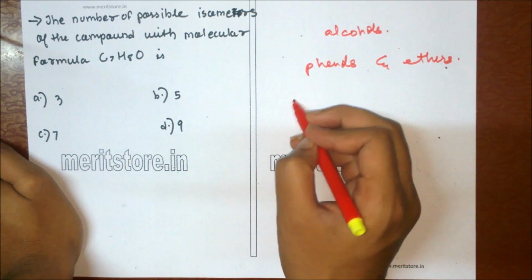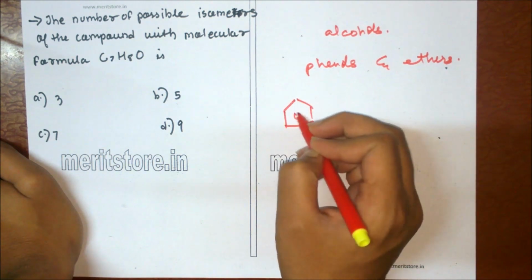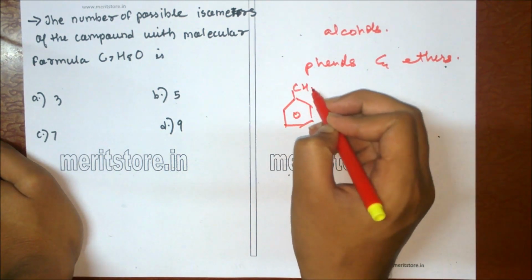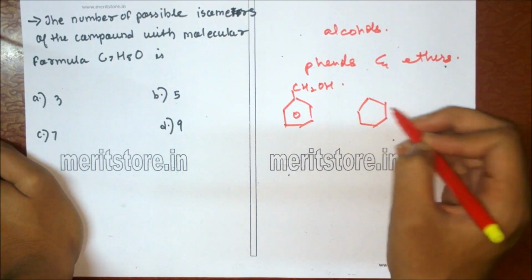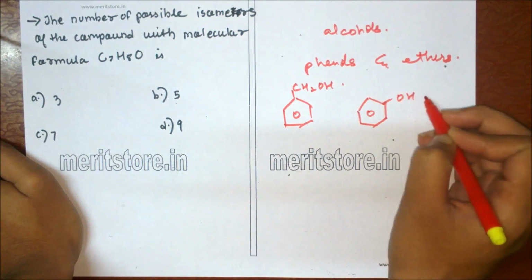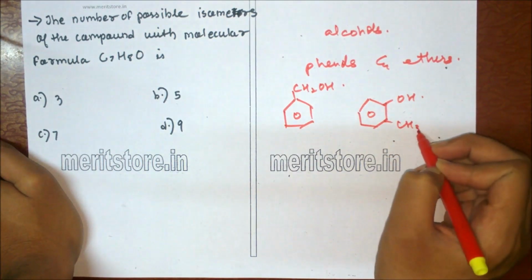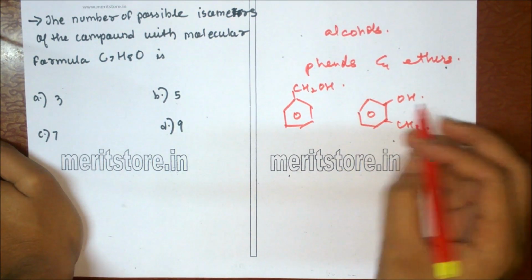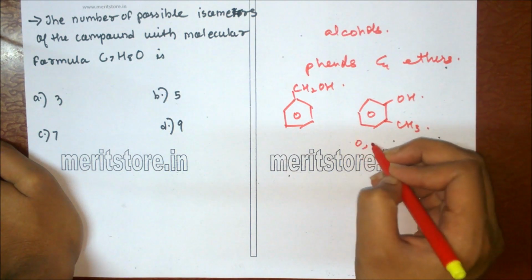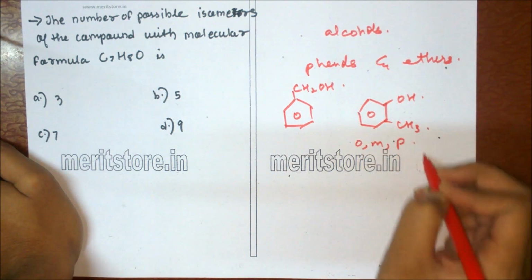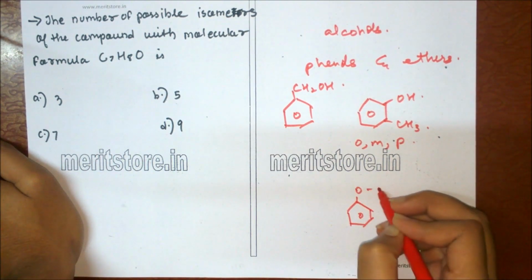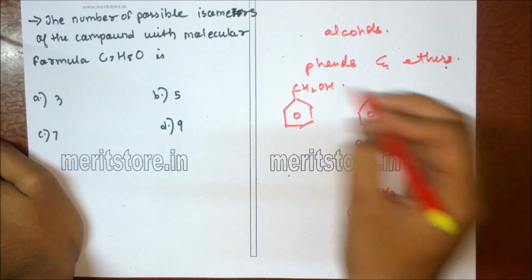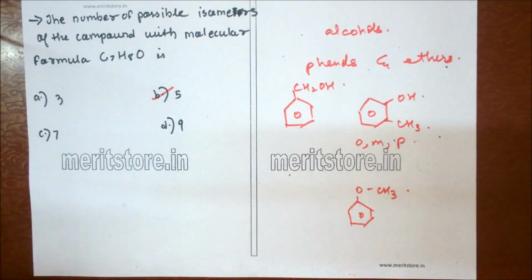So the structural isomer will be CH2OH, and the other alcohol with CH3. This will have three structures: alcohol at ortho, meta, and para position, and the ether structure will be OCH3. So in total there are 5 isomers. Option B is the correct answer.